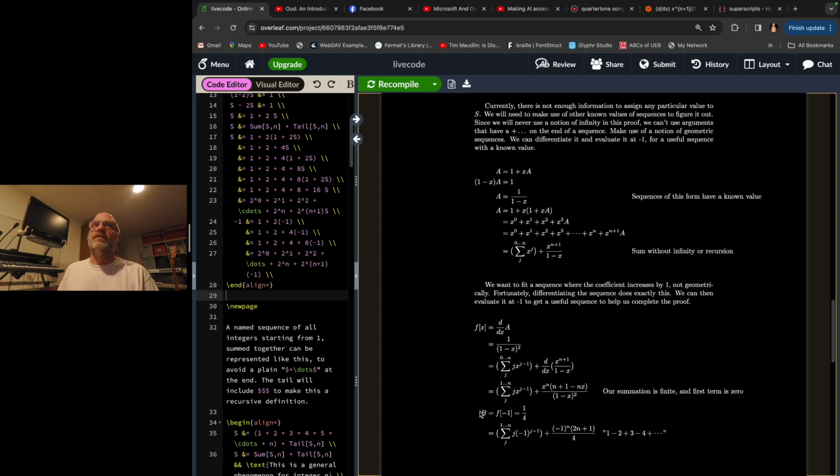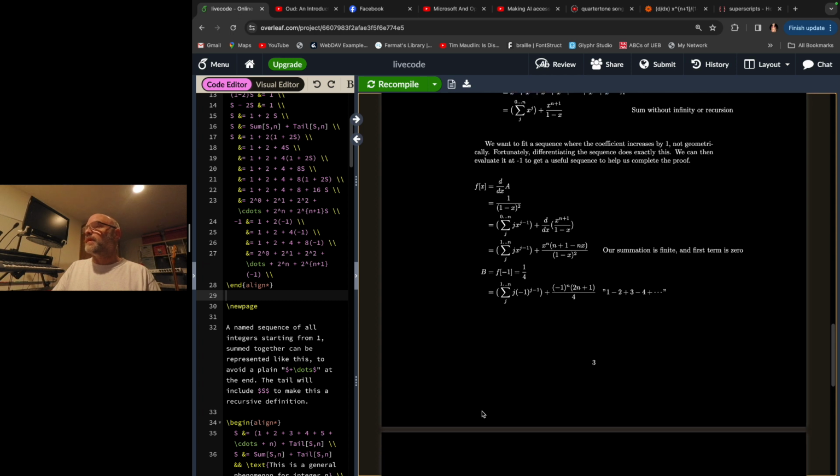It's kind of wild if you write some Python code to do this, and you keep increasing n. This value keeps going up to give you the finite value, and this one basically squashes it down, so no matter what, it always ends up being the value 1/4. That's actually kind of surprising. In any case, it comes out 1 minus 2 plus 3 minus 4, etc.